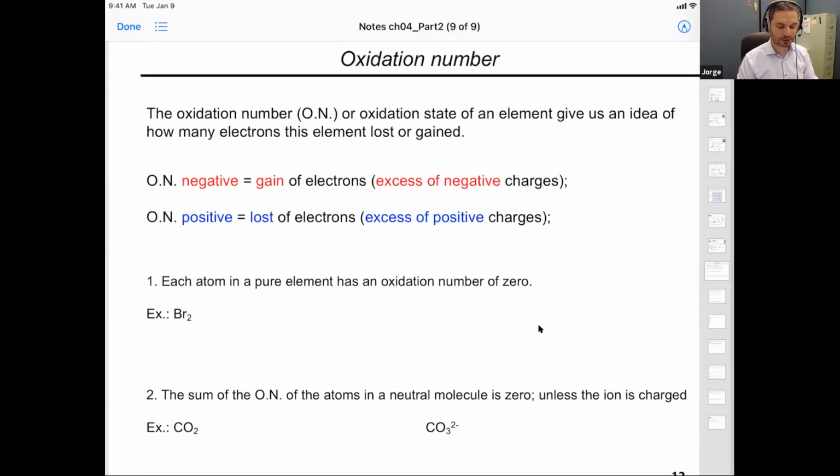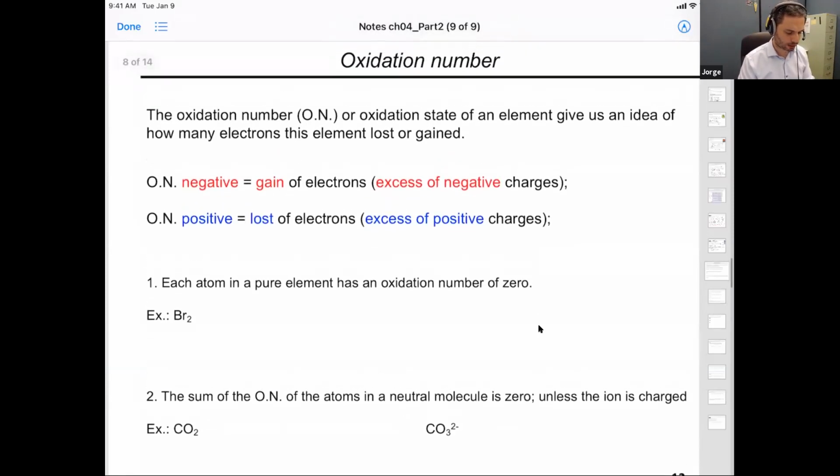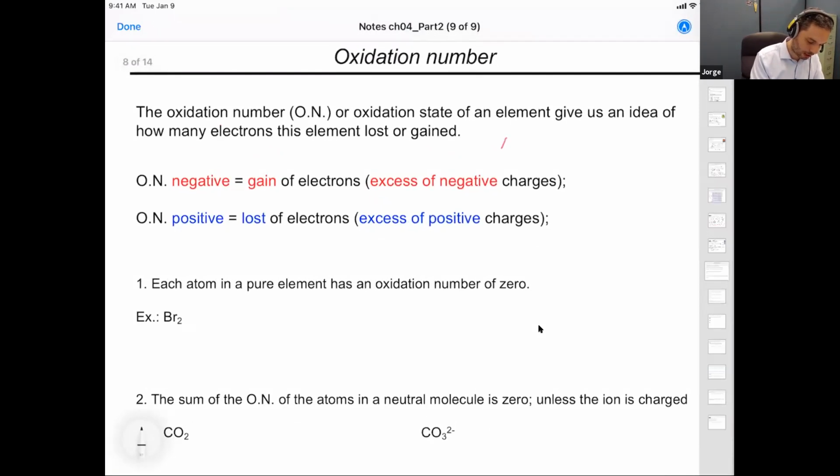All right, so let's start to talk about oxidation number. And again, oxidation number, also called oxidation state of an element, gives us an idea of how many electrons this element lost or gained. The idea behind that is every time that two elements combine, let's call them A and B, there is a pair of electrons shared.